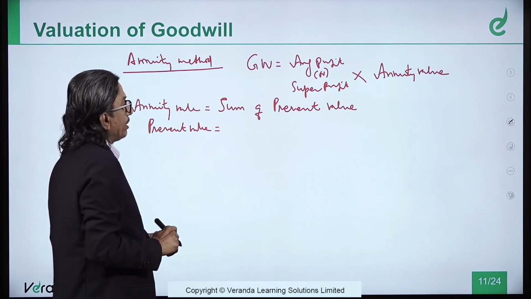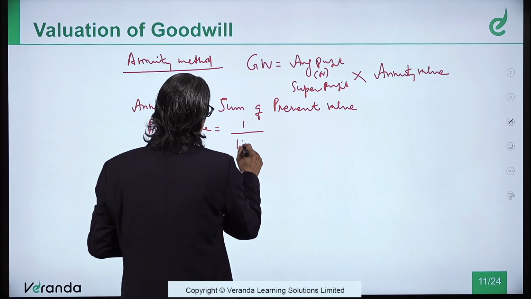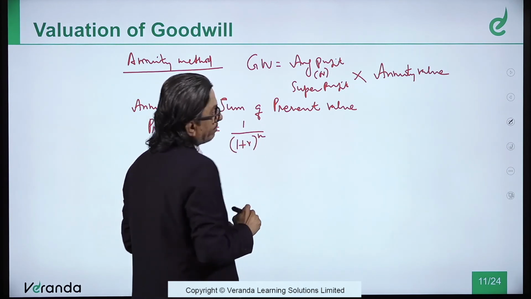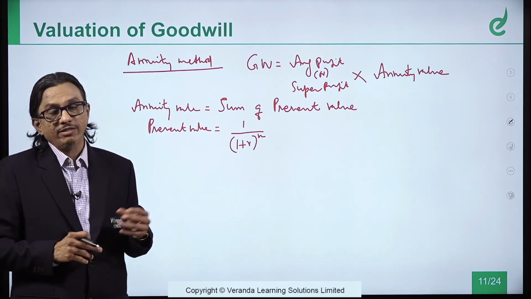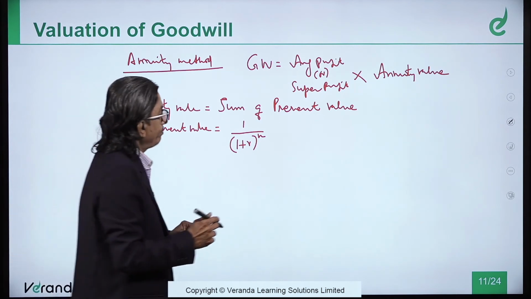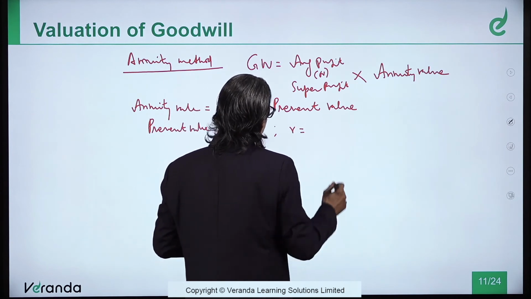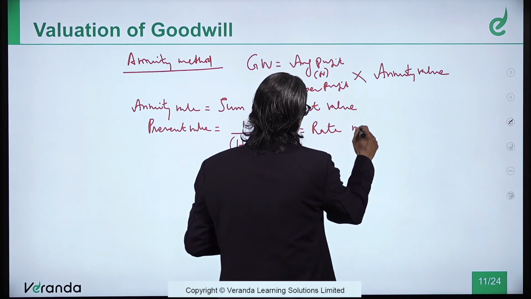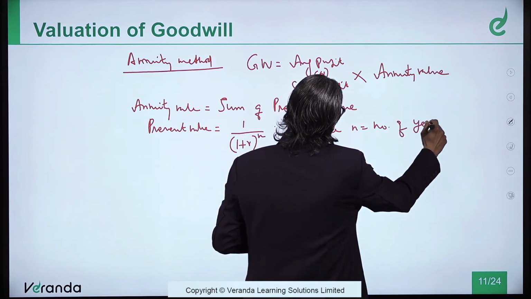Present value is equal to 1 by (1 plus r) whole power n, where n will be the number of years, r is the rate of discount or rate of interest. So r is the rate, n is the number of years.